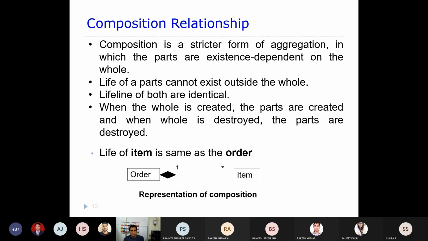When we have a composition relationship, if you segregate those parts, then those parts will not be useful. Those parts' value will be there only when they are aggregated together.